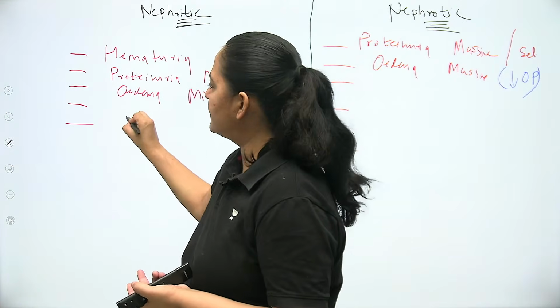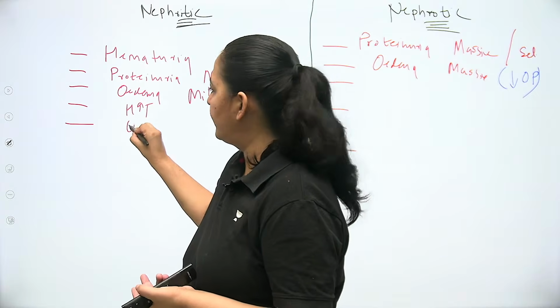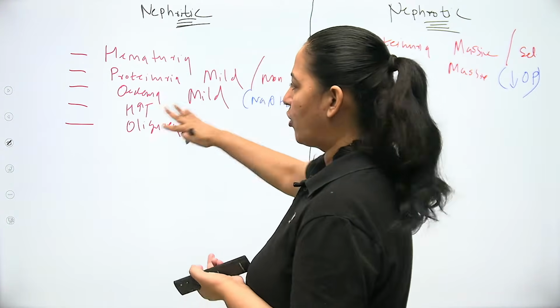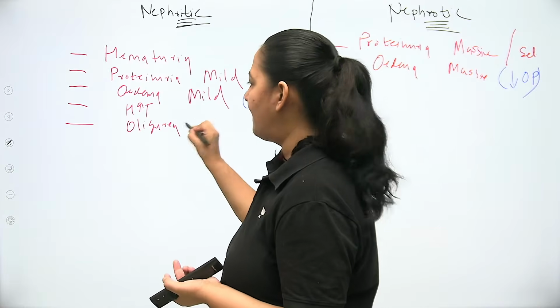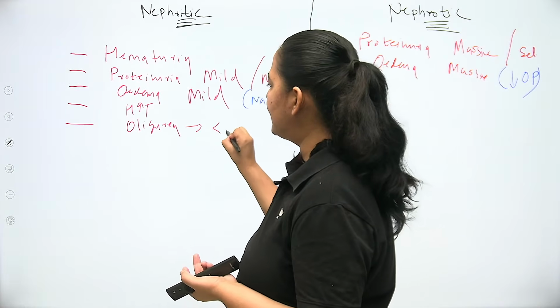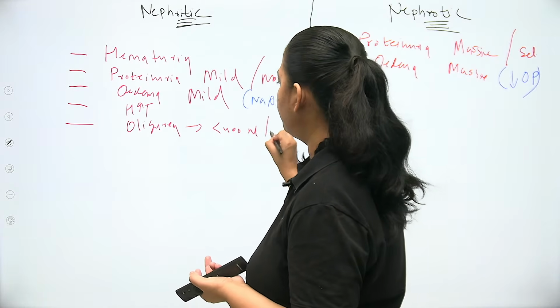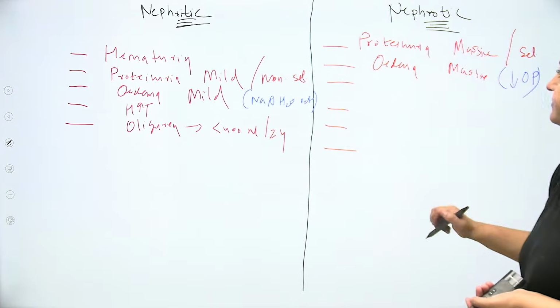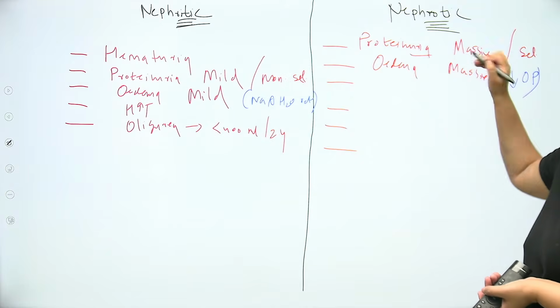The next two here are hypertension and oliguria. These are the features of nephritic only. These two are not common in nephrotic. Hypertension is mild. The definition of oliguria is less than 400 ml of urine per 24 hours. That is based on the volume of urine. Coming here, most of the protein is lost in urine.